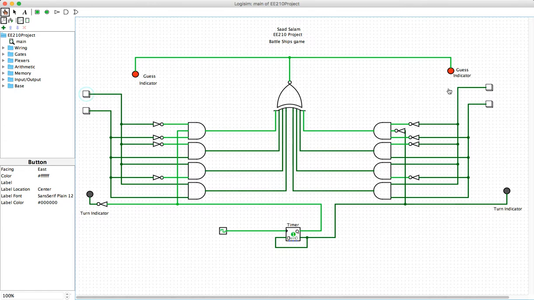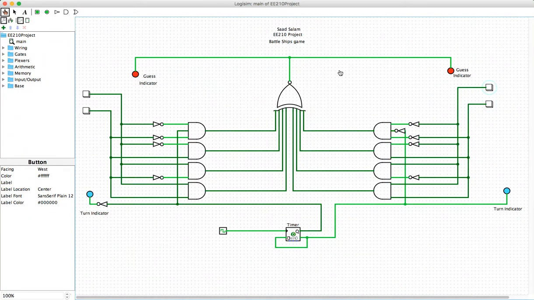That's why the guess indicators and the turn indicators are on both sides, so that if you have a visual barrier across this axis of symmetry, each player can still know whether their guess was correct and whether they're physically able to affect the value of the guess indicator when it's the guessing stage rather than the setting stage.